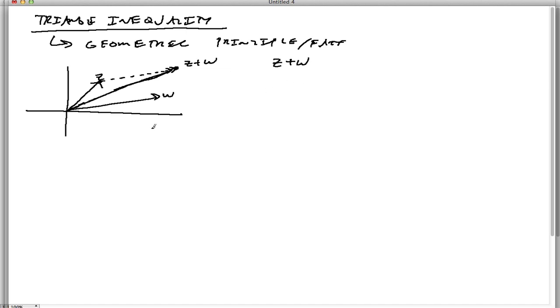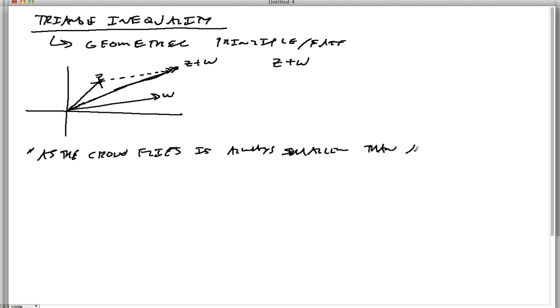Now, we have this basic principle, or fact, and I'll call it the as the crow flies. As the crow flies is always smaller than any other route.